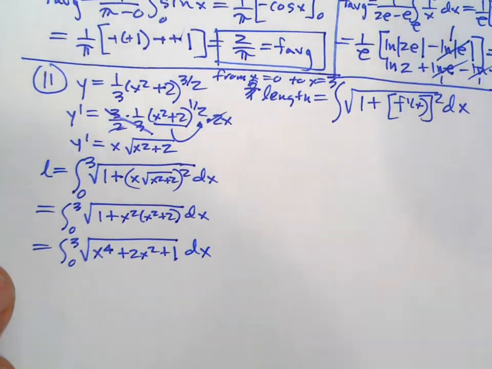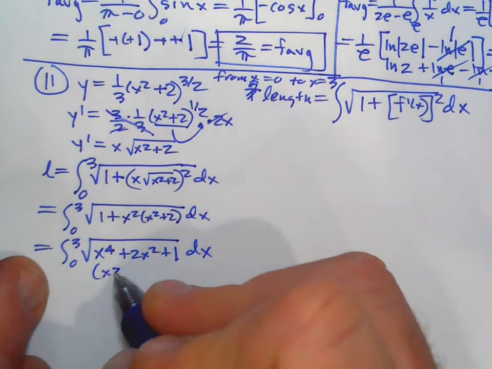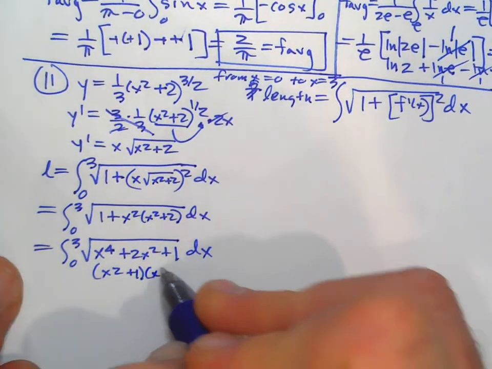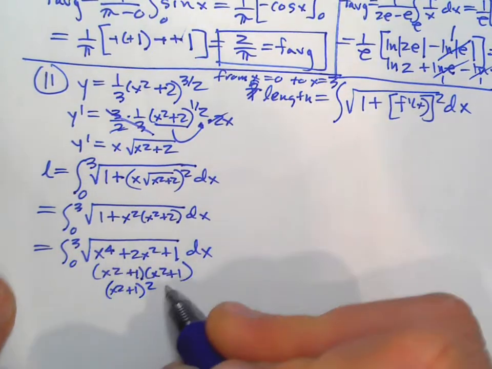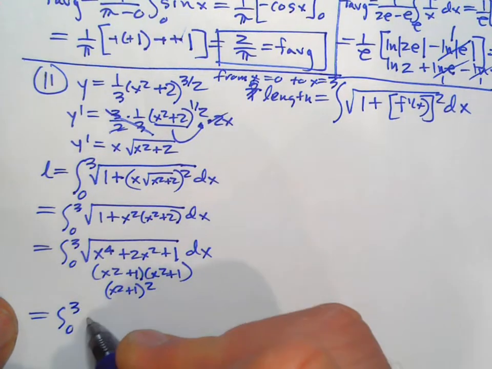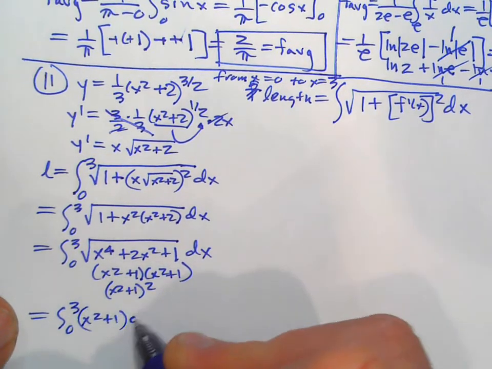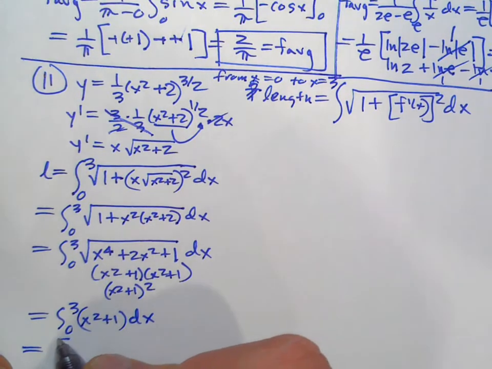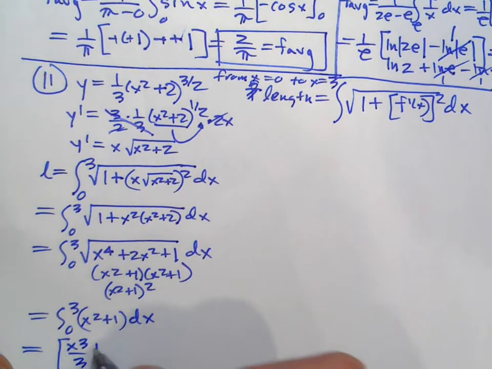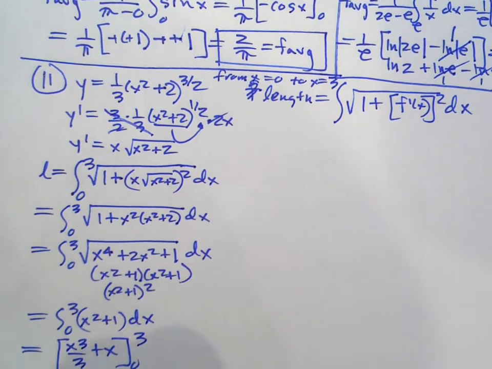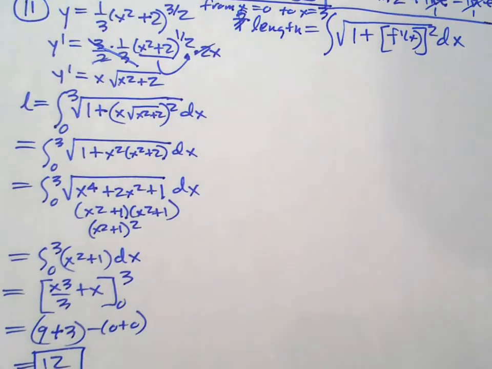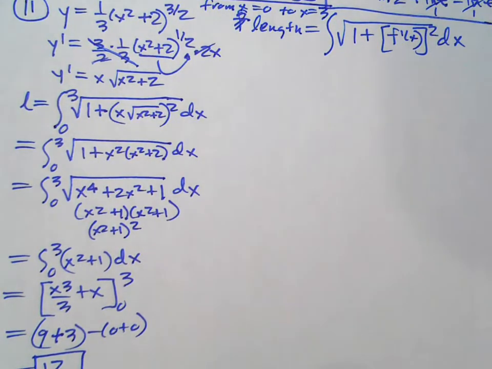Now to integrate that, I think we're going to have to factor it, x squared plus 1 times x squared plus 1, which is x squared plus 1 squared, which the square root cancels out. And so now we have 0 to 3 of x squared plus 1. Worked out nice. So now we can go ahead and find the antiderivative, x cubed over 3 plus x, 0 to 3. It's going to be 9 plus 3 minus 0 plus 0, which is 12. All right, that worked out.